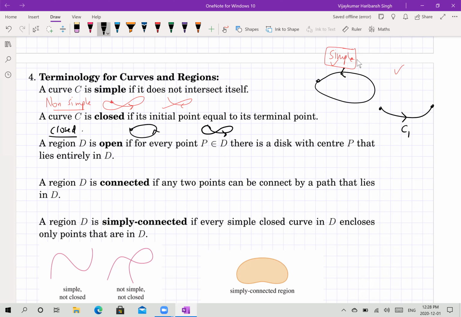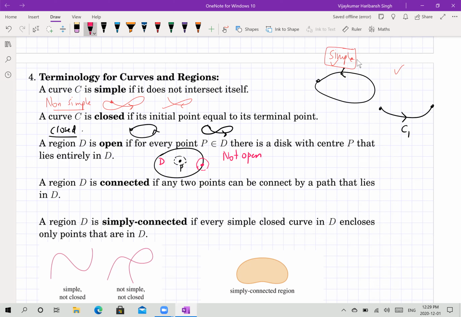A region D is open if for every point P, there is a disk with center P that lies entirely in D. So basically, if you take any point P and draw a disk, it should lie inside. However, this region is not open, D not open.